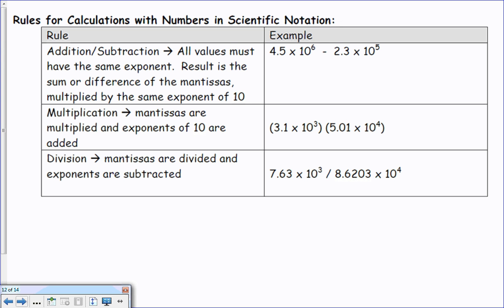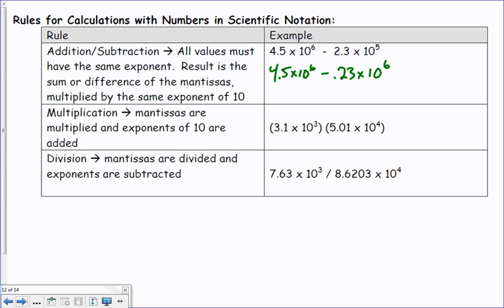So, addition and subtraction. I must have the exponents the same. Then I add or subtract the mantissas, or those numbers in front. So let's do this real quick. Are the 6 and the 5 the same? No. So I can make the 6 a 5 or the 5 a 6. I prefer to make the 5 a 6, which is going to make 0.23 times 10 to the 6. 4.5 times 10 to the 6.